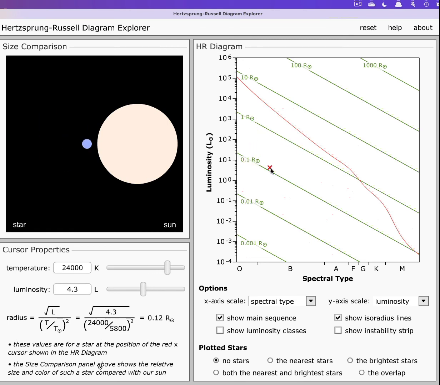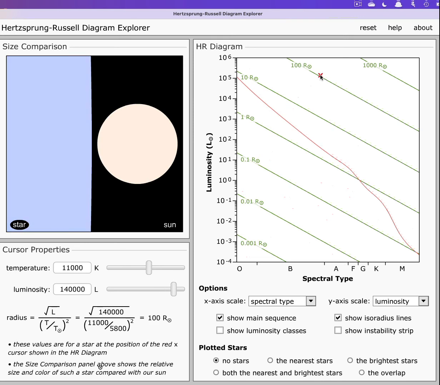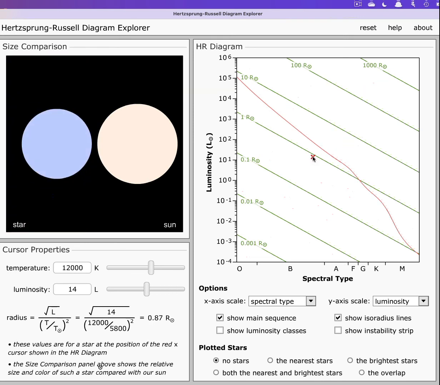Any star along this green line there is about 1/10 the radius of the sun. Any star here is about 100th the radius of the sun, 1,000th, then 10, 100, and 1,000. Okay, so again, the luminosity varies as 4 pi R squared, which is the surface area of a sphere, times sigma T to the fourth. So when you do that, patterns start to emerge.